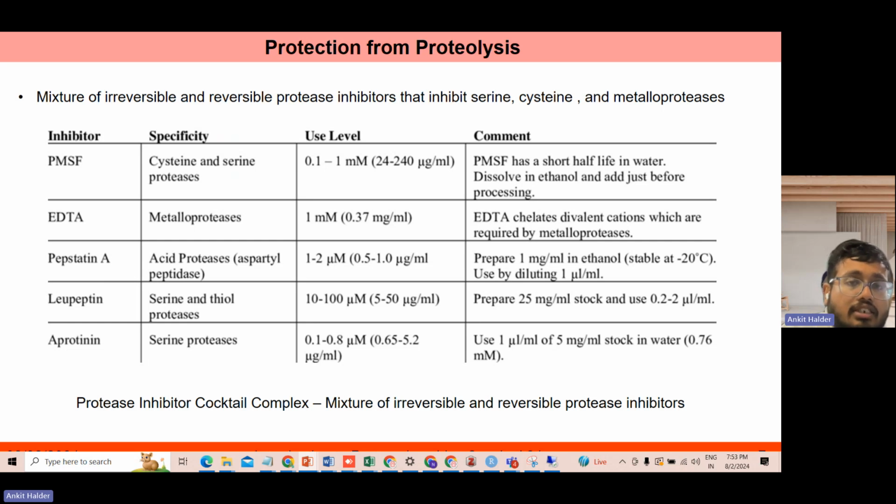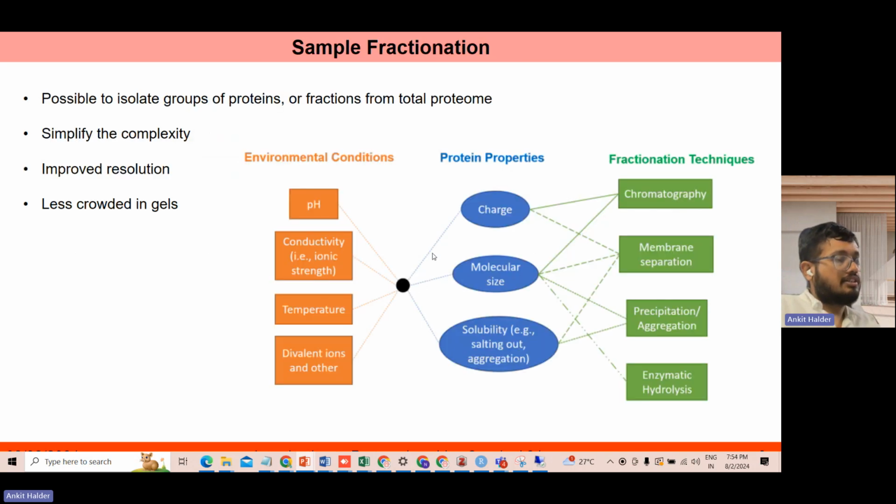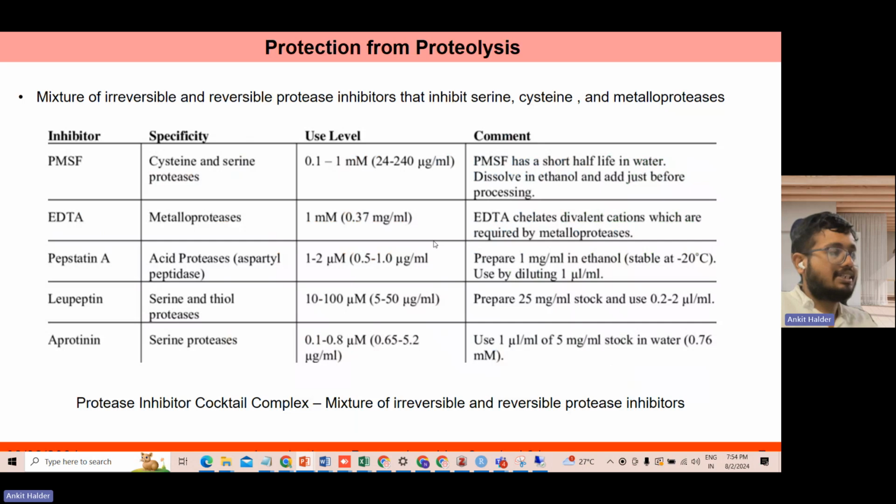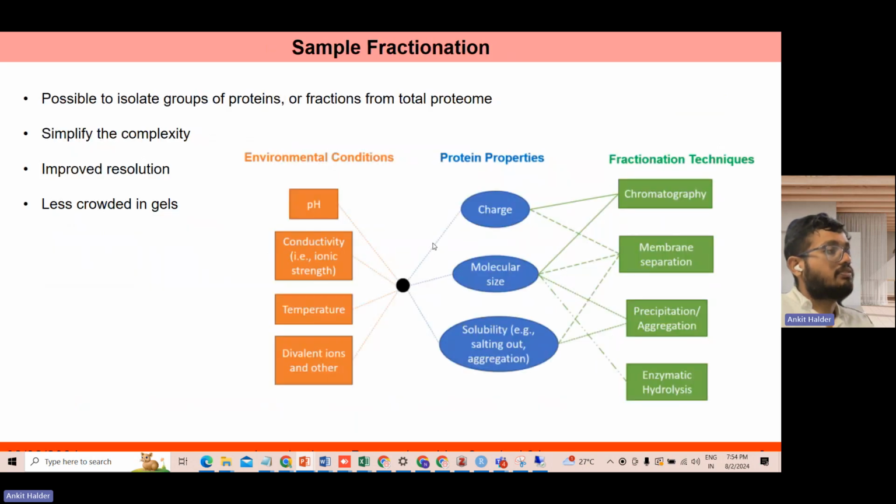You know that there are different kinds of proteases, and different inhibitors work on specific kinds of proteases. That's why it becomes quite important to have a complex mixture that helps reduce the effect of different proteases and helps the protein remain intact.